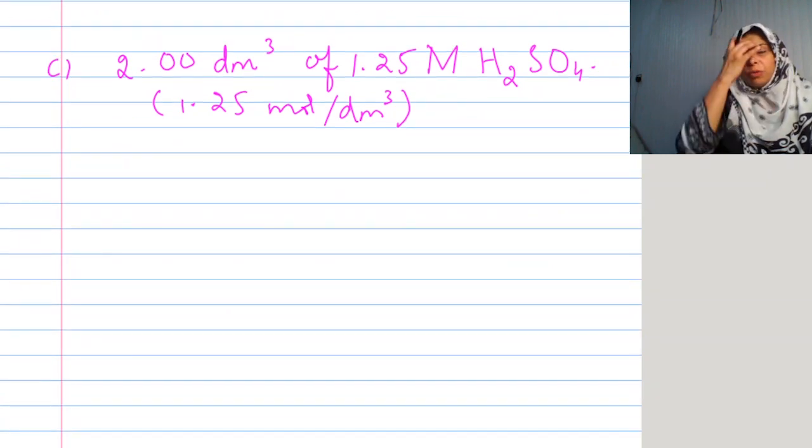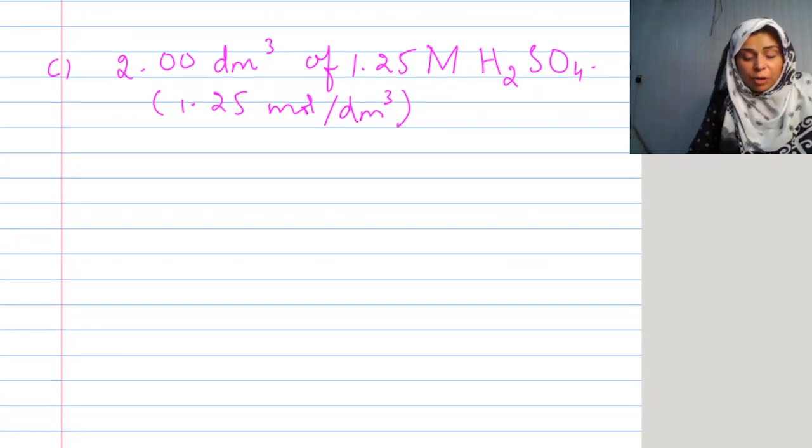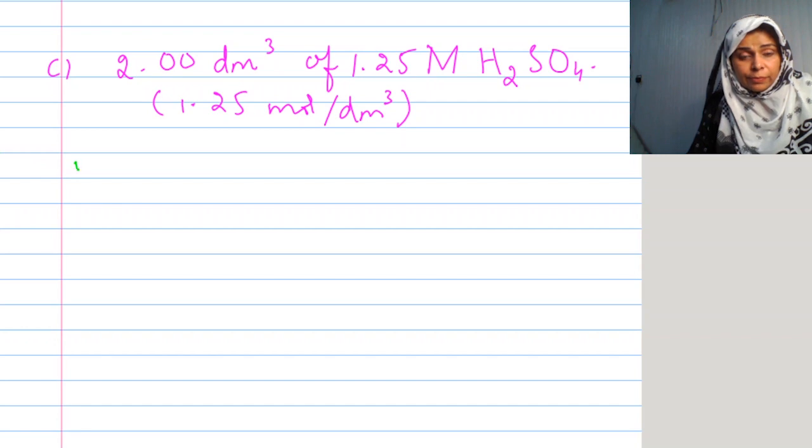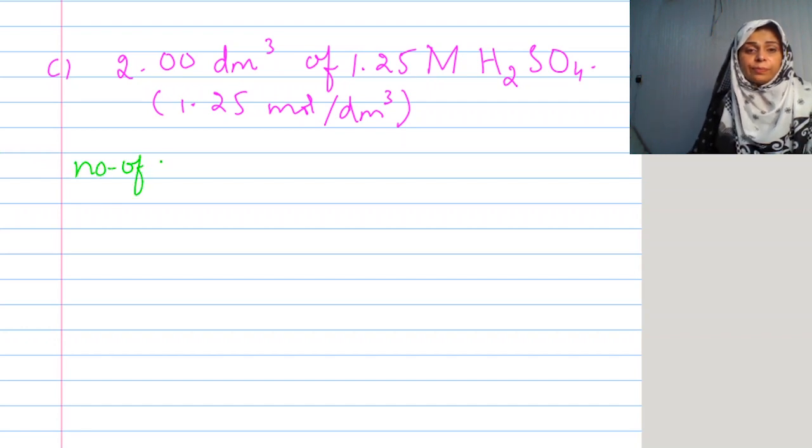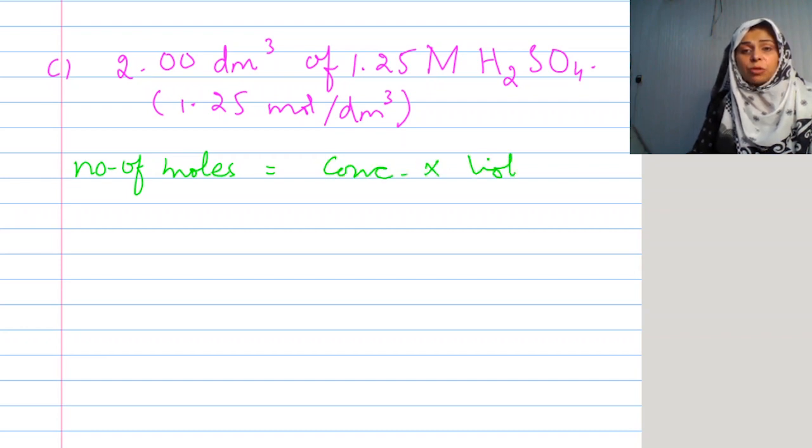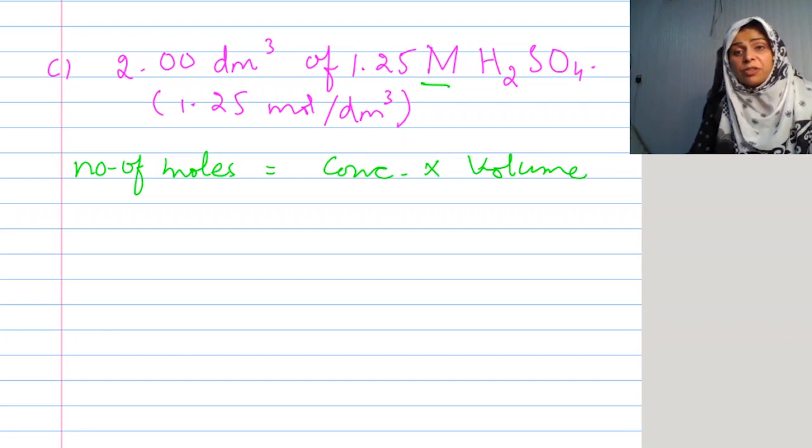So now what you have to calculate? Again, the number of moles, which is concentration into volume. How did we come to know that we have to put this formula? Because we have the concentration, 1.25 mole per decimeter cube.